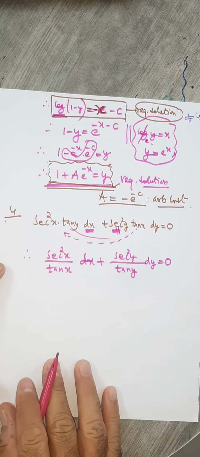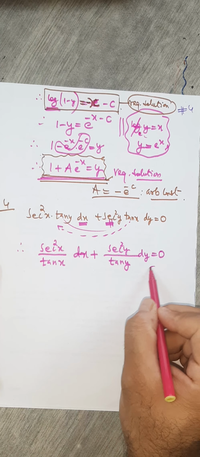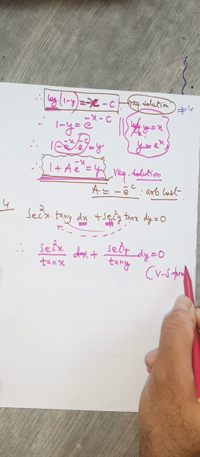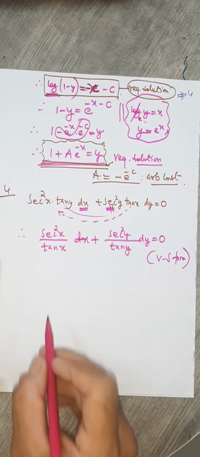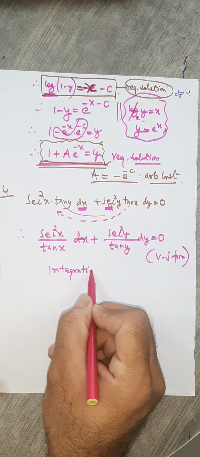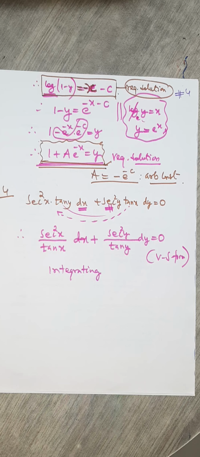So it is which form? Variable separable form. This is VS form. Now next step, integration, right? This is the only important point about the differential equation chapter.